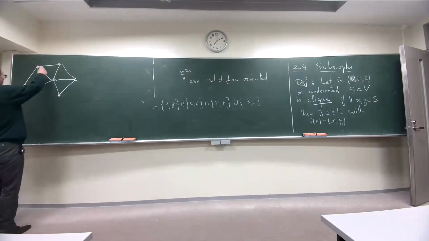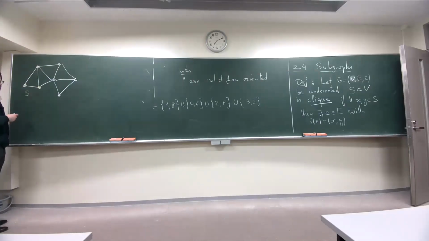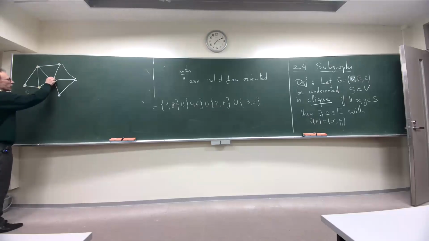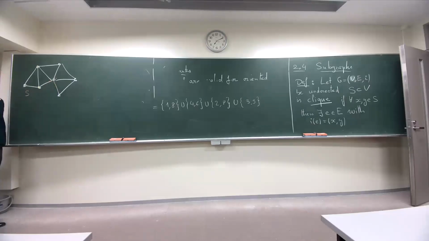So let's see the yellow ones, it's fine. Take 2 points, you have an edge in between. On the other hand, if I add, let's say, this point, this is no more a clique. These 4 points are not, because I cannot link these 2. There is no edge between this one and this one. So a clique is made of these 3 points.